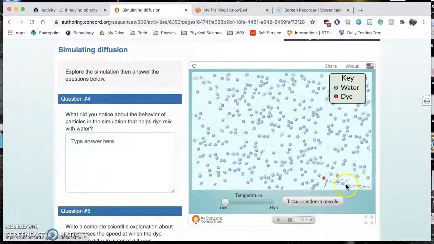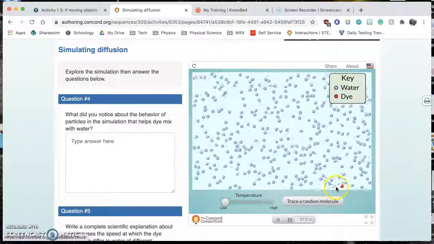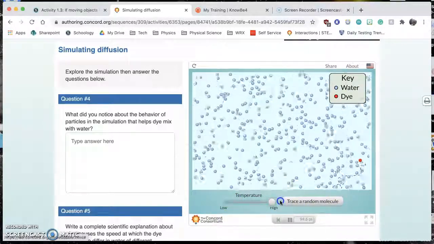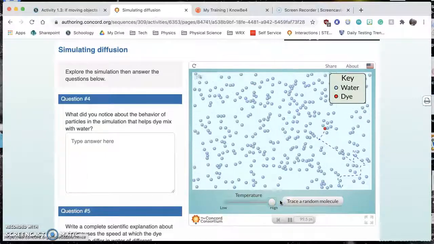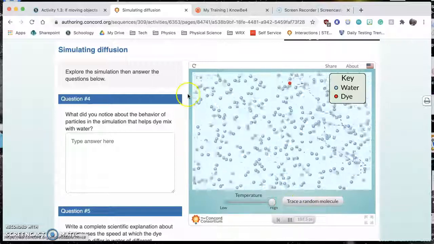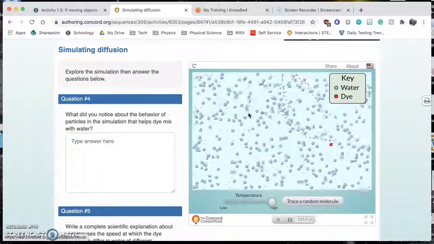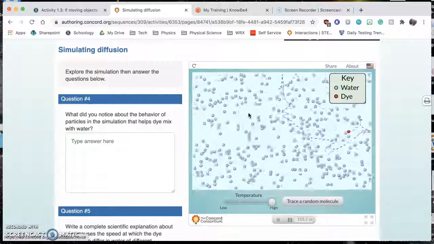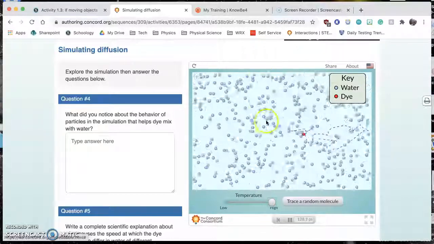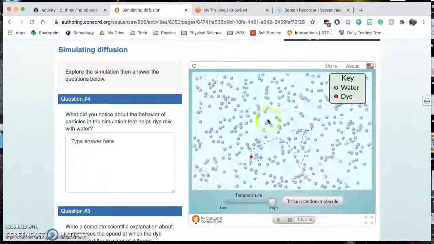I can see how quickly that path has gotten so much smaller. Same thing would happen if I turn this up all the way. Everything is moving faster, and this particle is covering much more area in the same amount of time. I'm not speeding up. It's not like pressing fast forward on Netflix. This is all in the same time frame. It's just us changing, figuratively, of course, the temperature of this water.